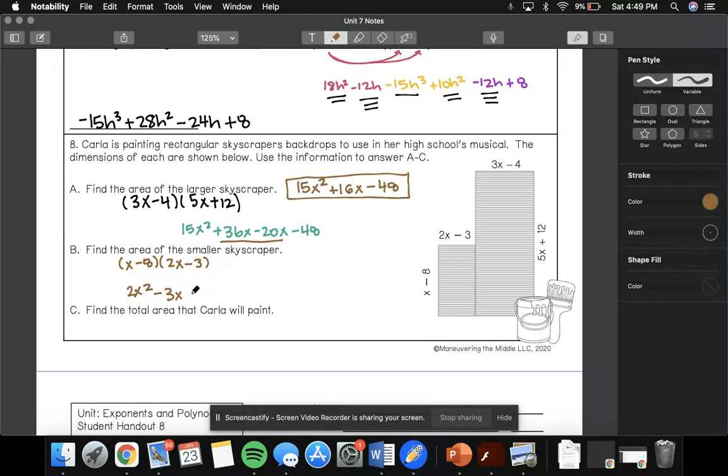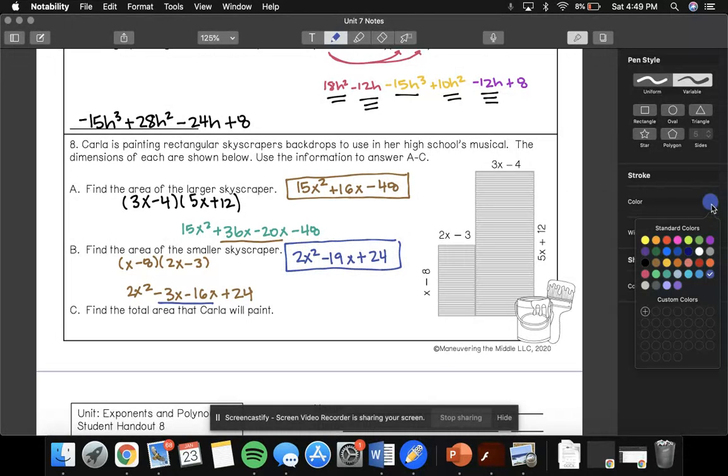Negative 8 times 2x is negative 16x. And then negative 8 times negative 3 is positive 24. Okay. Now I'm going to combine like terms, and the smaller skyscraper would be 2x squared minus 19x plus 24.